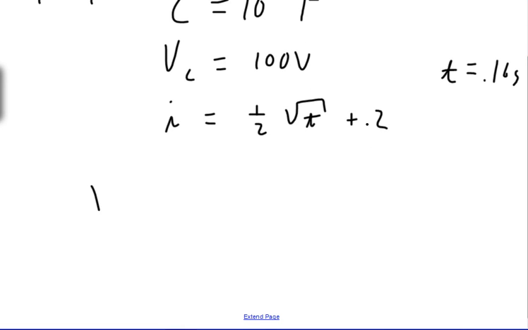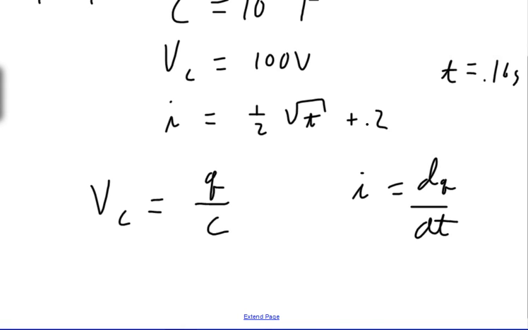Okay, so the voltage across the capacitor is Q over C, right? Yeah, Q over C, and I is dQ/dt. So that's what I is.